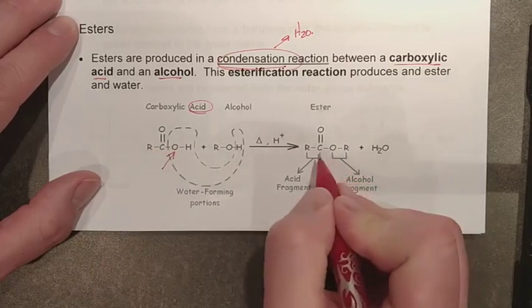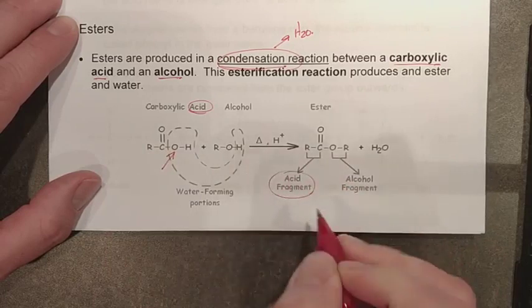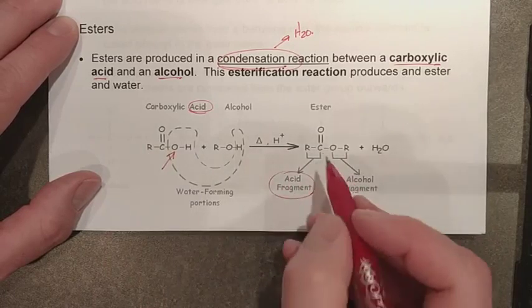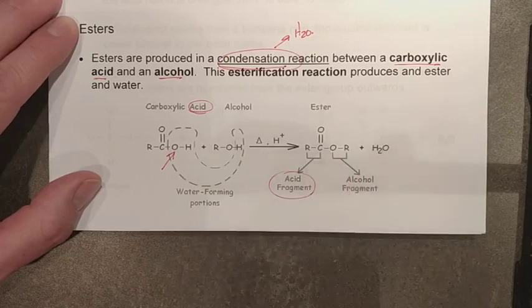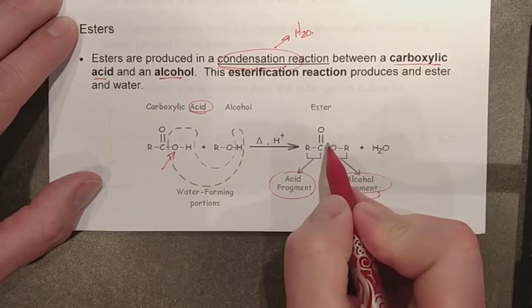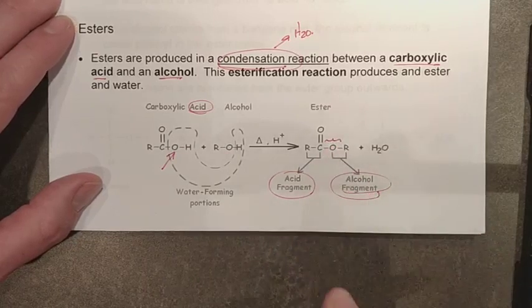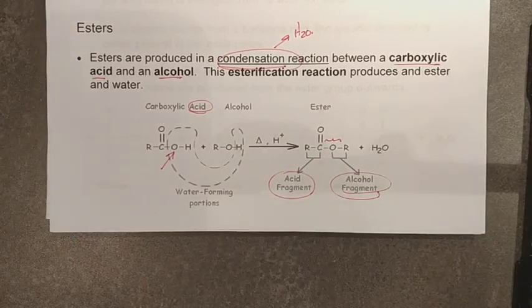And so you can see that you have the remainder of your carboxylic acid now being bonded to the oxygen that you had in your alcohol fragment. Okay, so the unique thing that we see in an ester linkage is two carbon chains linked by a single oxygen.